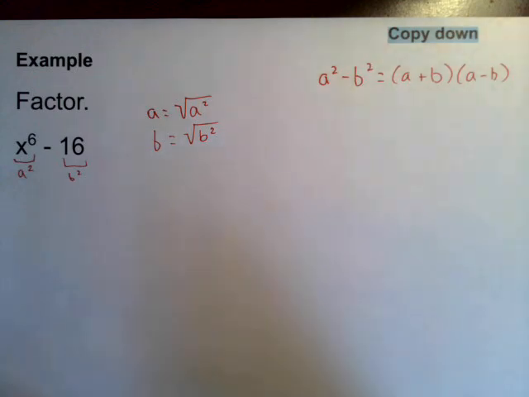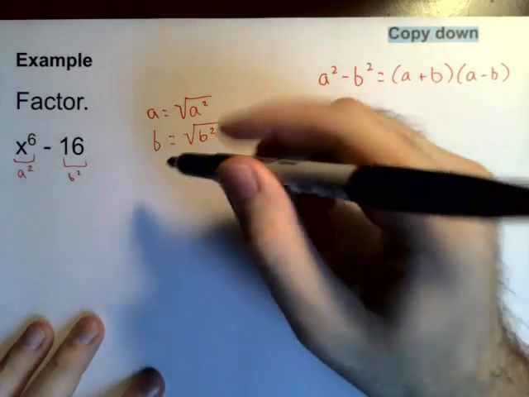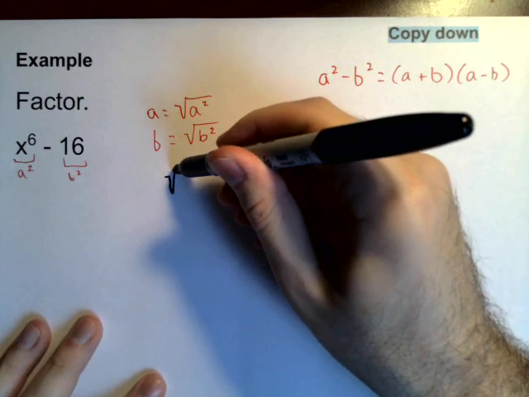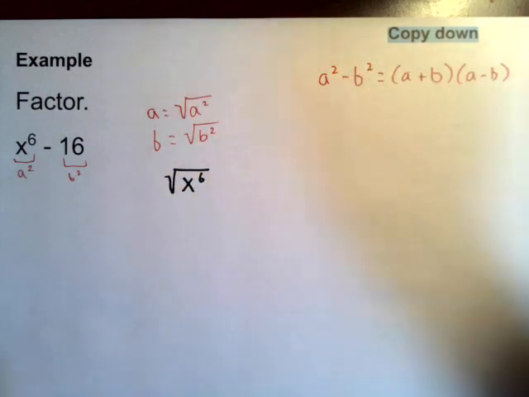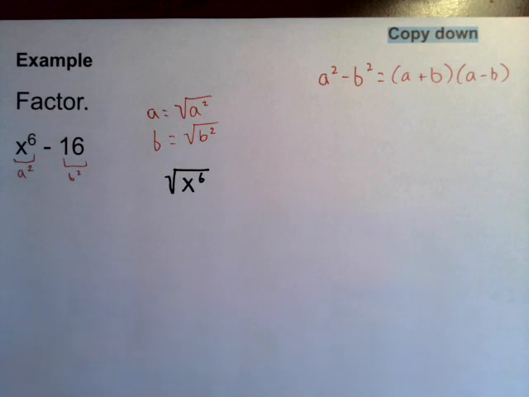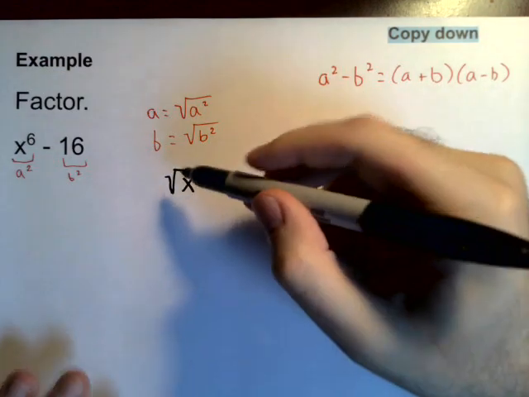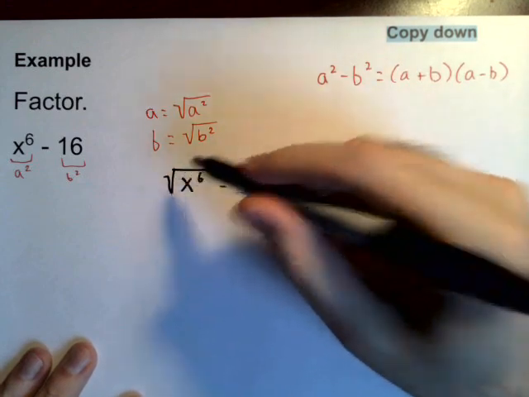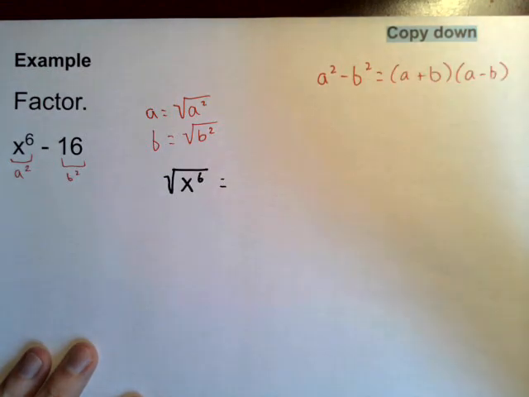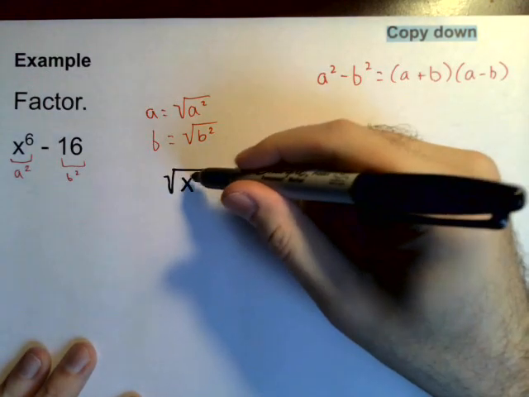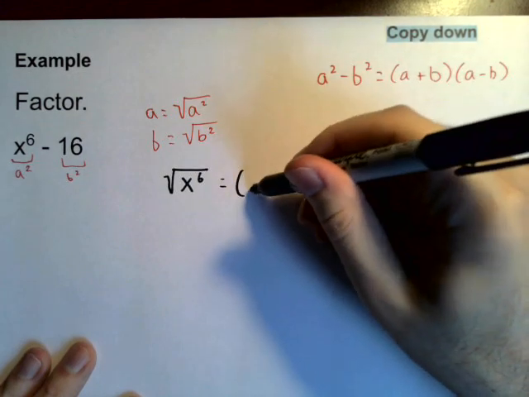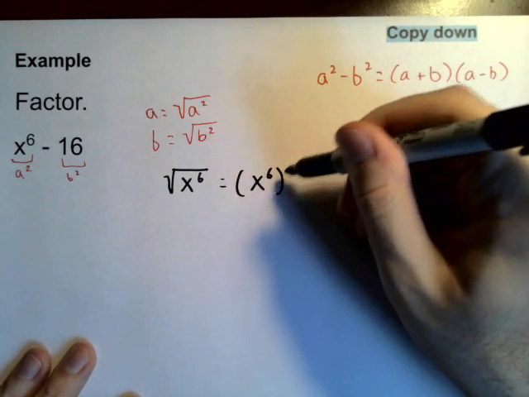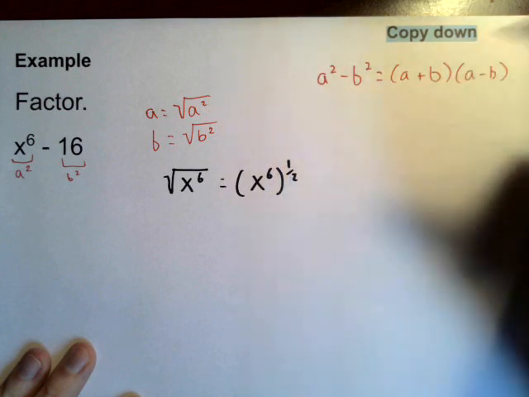So let's find the square root of x to the power of 6. And then for this part, I am going to show you the actual exponent rule for why this would work. So whenever you have a square root, it is the same as raising something to the exponent of 1/2. So this term is actually equivalent to writing x to the power of 6 to the power of 1/2.